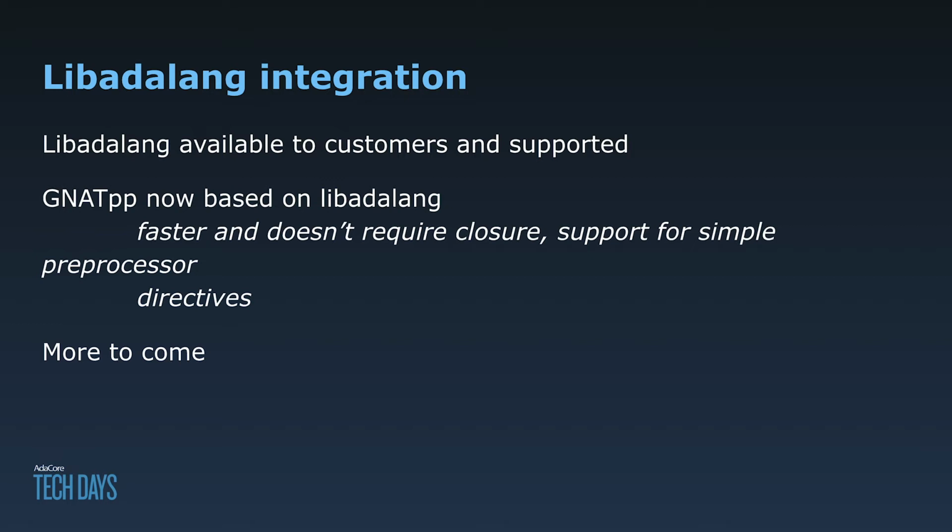And GNATpp will also be able to reformat your source code even if your code is not fully compilable, which is also one of the properties of libAdaLang. You can analyze Ada sources even if you don't have the full closure of your Ada sources to analyze. And so GNATpp takes advantage of that along with others. There is more on that in a few slides.